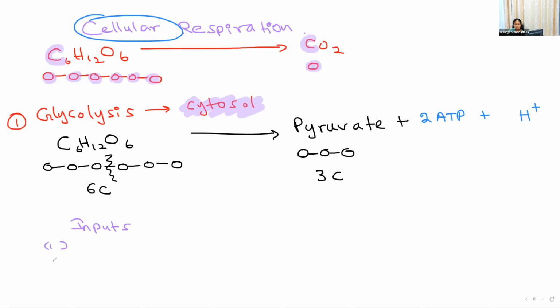Very, very easy. There are 3 inputs and 3 outputs. There's no FADH2 here. Do not write FADH2 in glycolysis. It's just NADH. Okay, can you write down 3 inputs, 3 outputs?